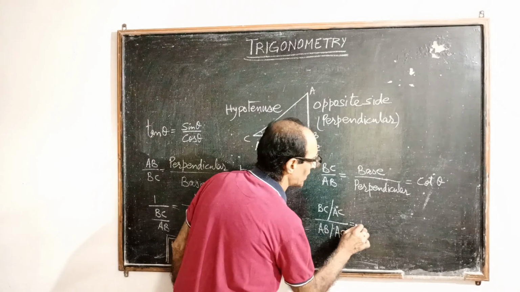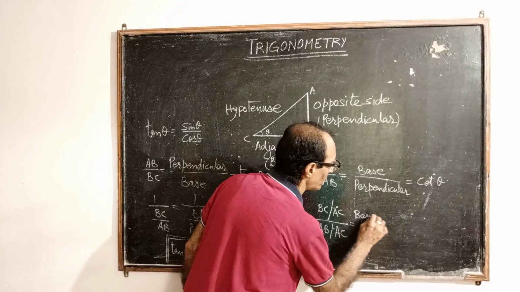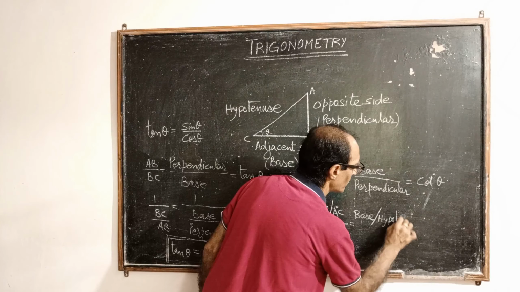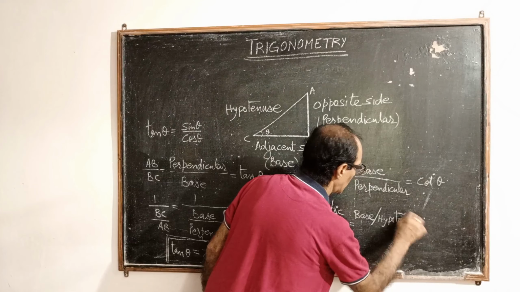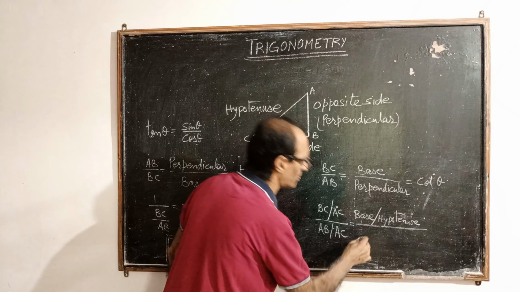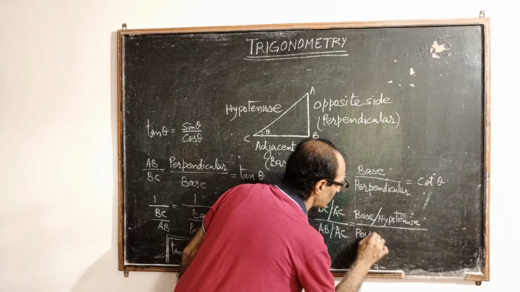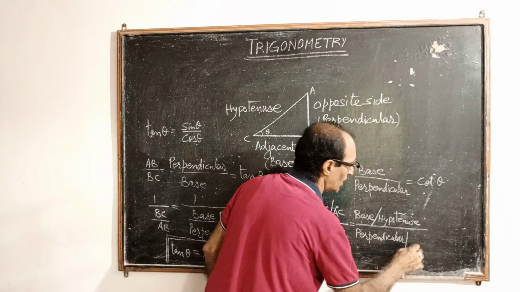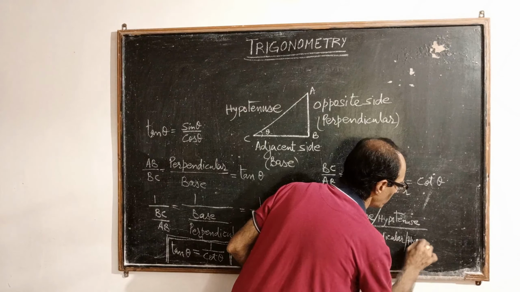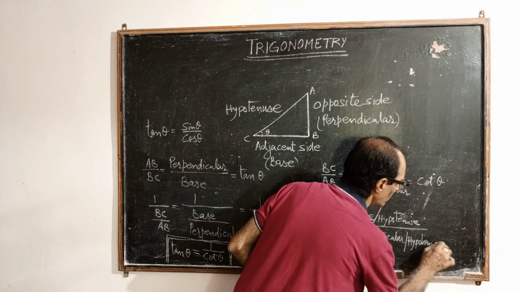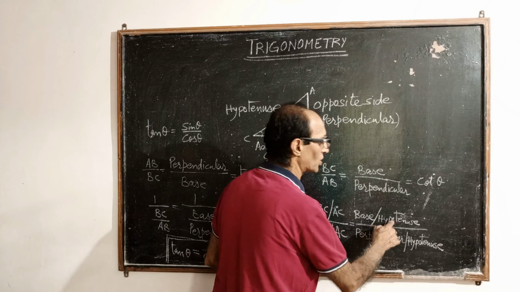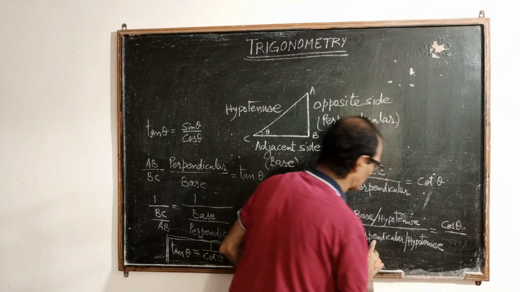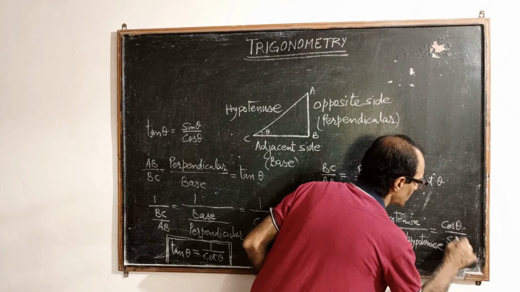That will not make any change. So this is equal to base divided by hypotenuse, and in the denominator part we have perpendicular divided by hypotenuse. Now base upon hypotenuse is nothing else but cos theta, and perpendicular upon hypotenuse is sin theta.